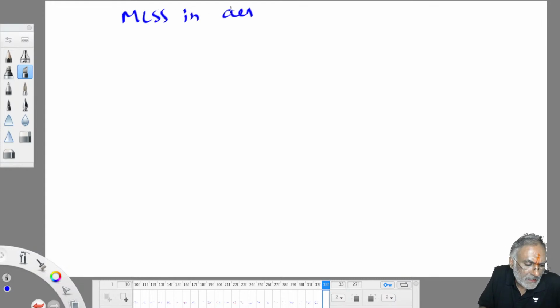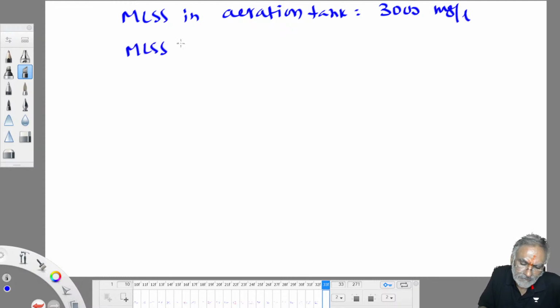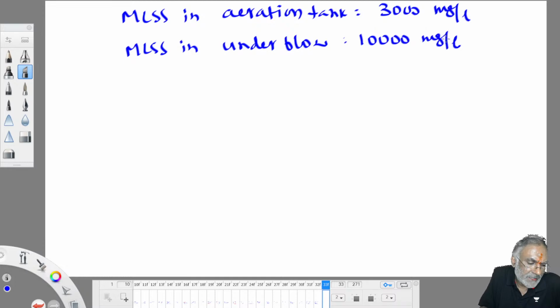MLSS in aeration tank 3,000 milligram per liter. MLSS in underflow 10,000 milligram per liter. F by M is equal to 0.2 day inverse. And theta C is equal to 10 days.